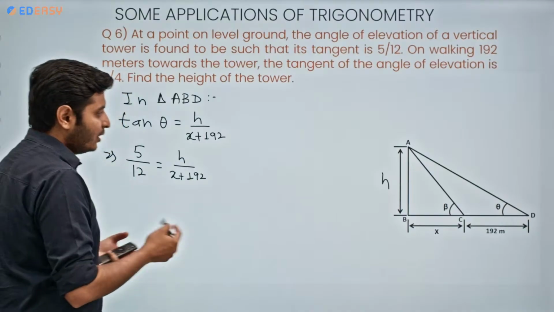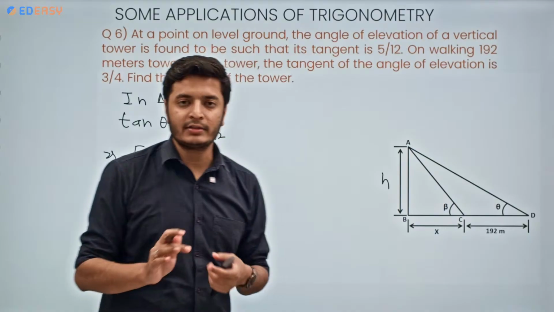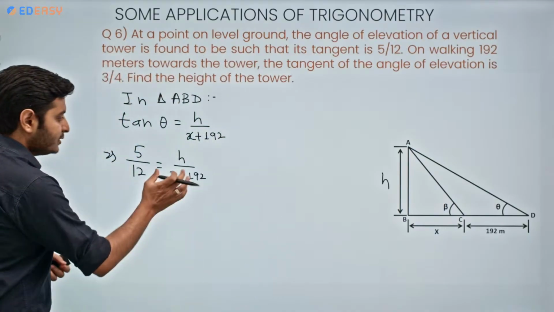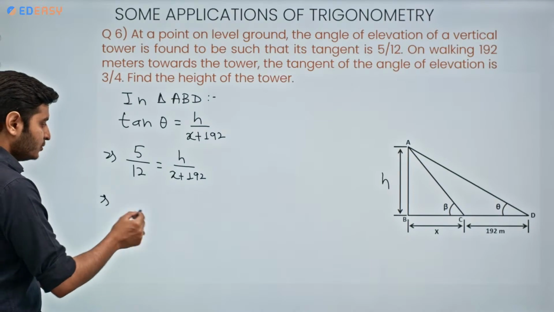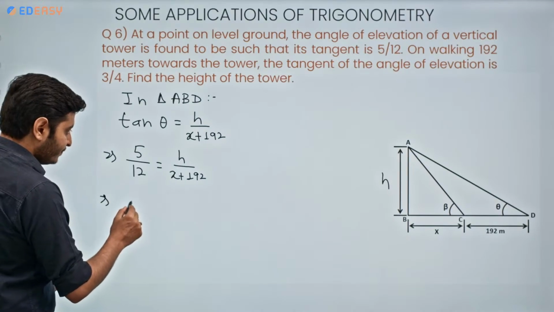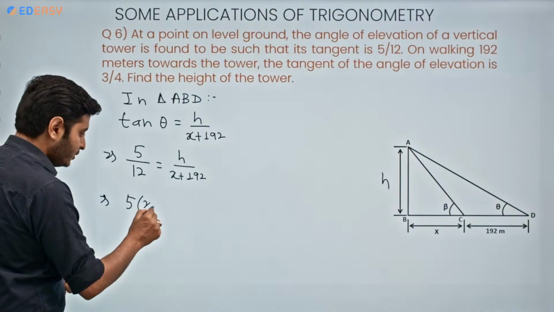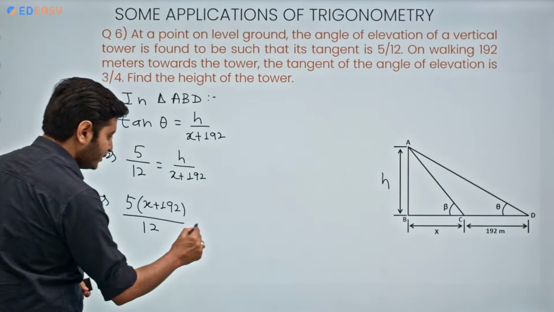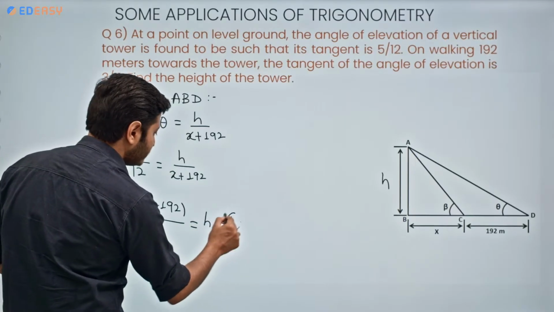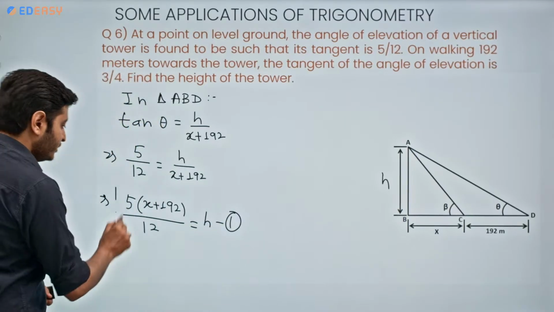Cross multiply. Of course, I want the whole equation to be in terms of h, so I will just transpose this x plus 192 to the left side. So the equation will become 5 into (x plus 192) divided by 12 is equal to h. This will be my equation number 1.